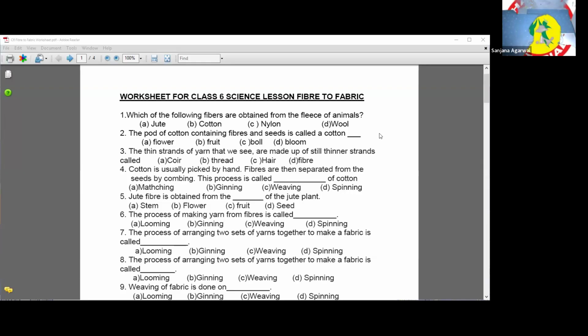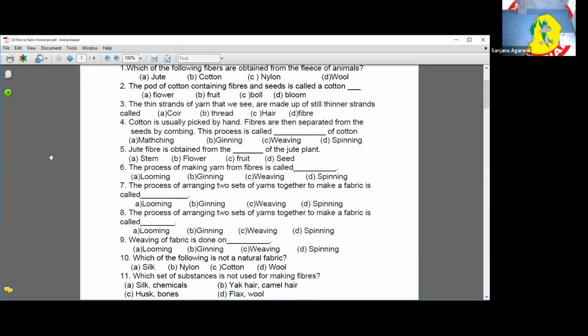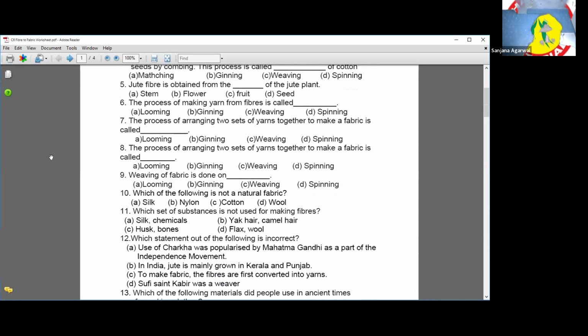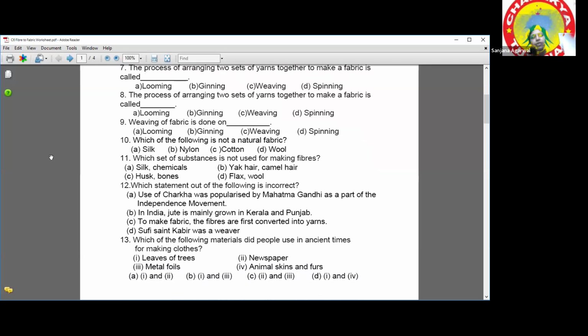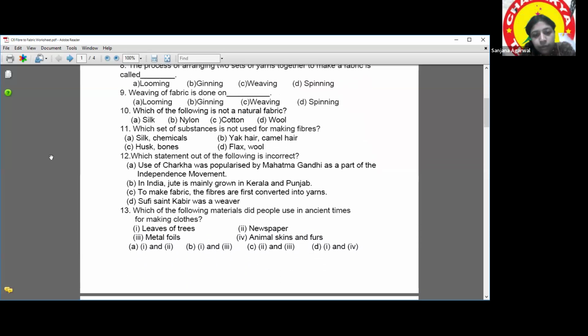Seven. Process of arranging two sets of yarn together to make fabric is called. Okay. Great, good. Fine. Weaving of fabric is done on.